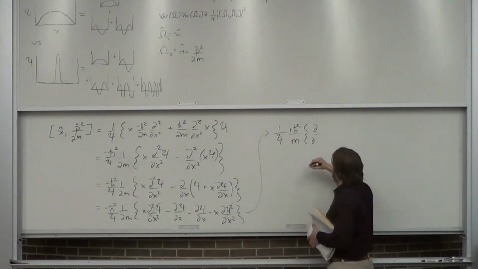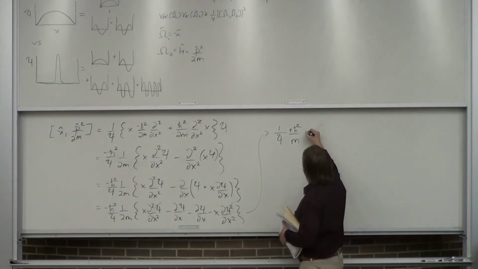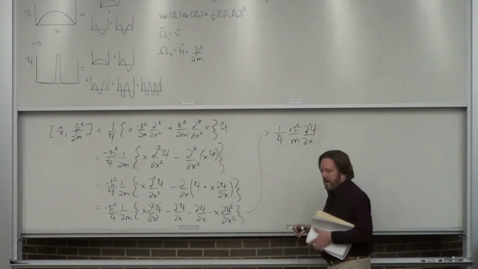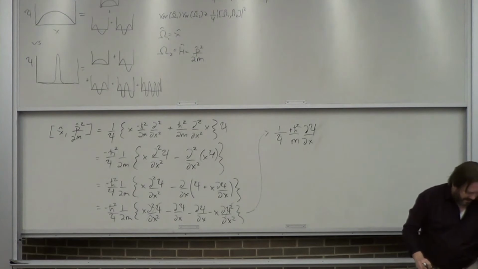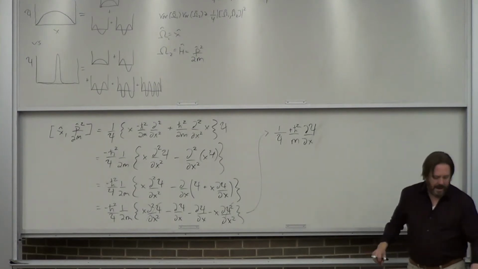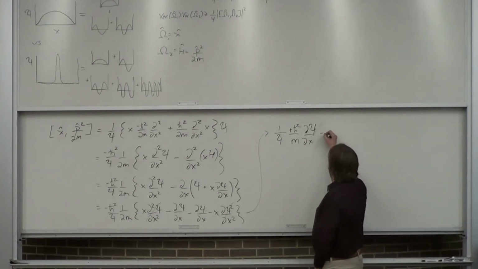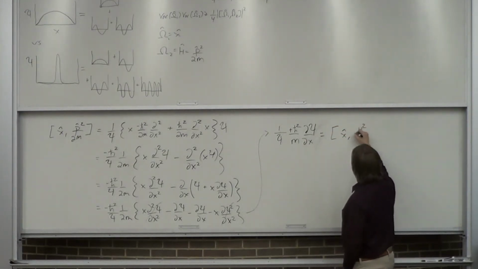I just factored the 2 out. Oh yeah, I don't need any more brackets. Okay, and let me double check, is that correct? Yeah. Okay, so this again is the commutator of x and p squared over 2m.